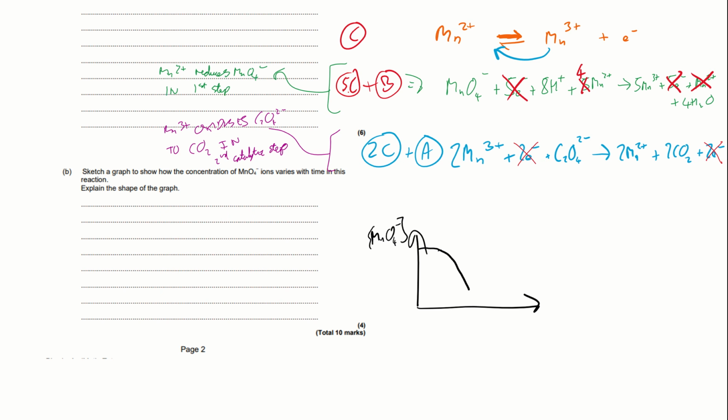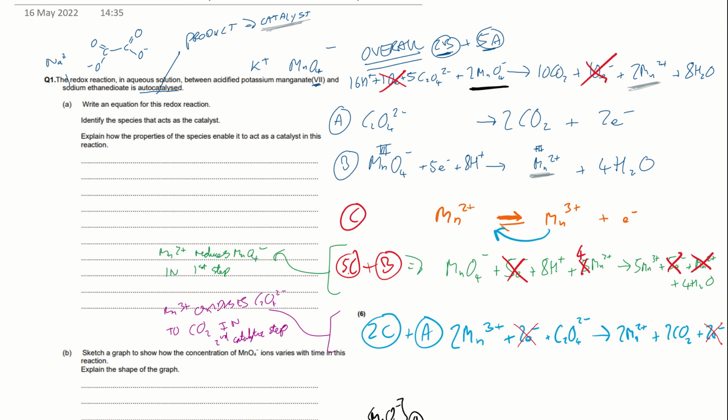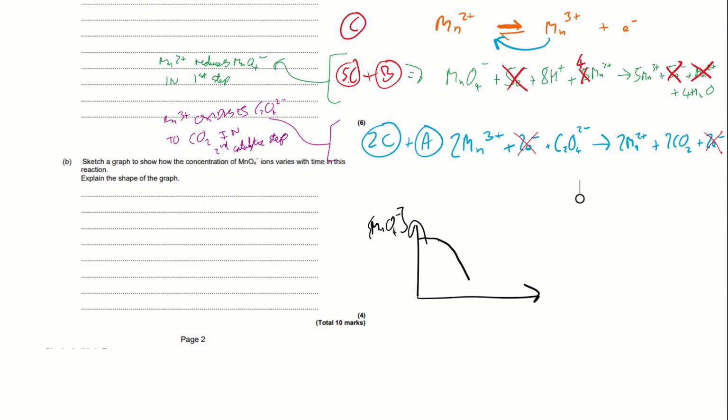And then at the end of the day, we're going to lose our reagents of MnO4- and C2O4 2-. So as those concentrations go down, the rate of reaction will slow again, and it will tail off. Ignore that last little bit. So yeah, autocatalytic reactions.